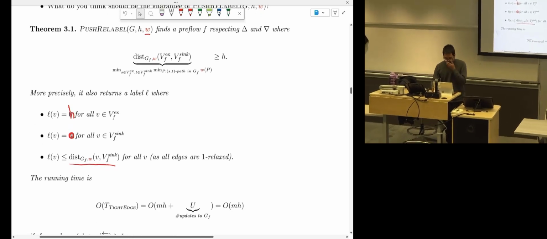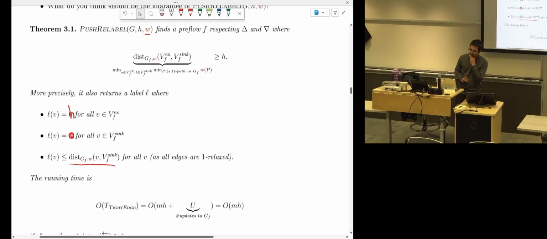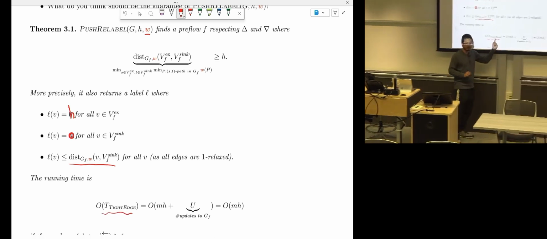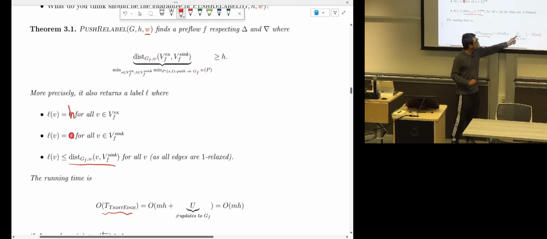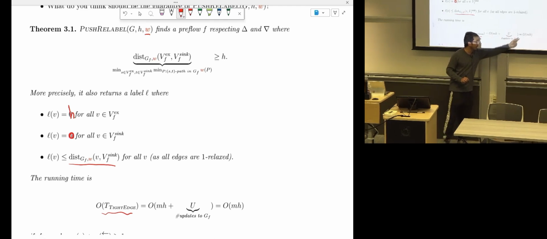Okay, now I claim something about running time. I claim that the running time is still proportional to the type H data structure. There's nothing new, but I actually claim that U here is still mh.